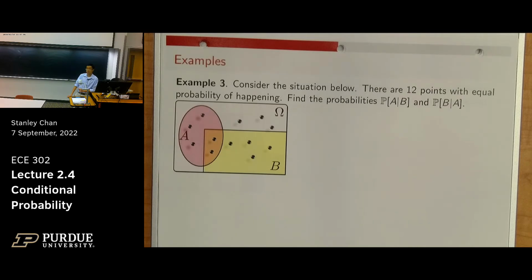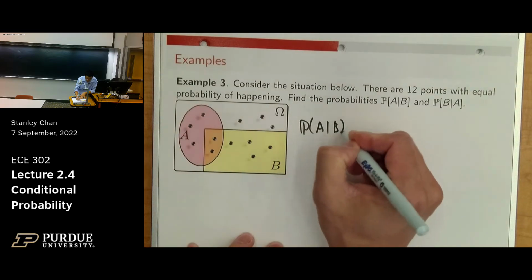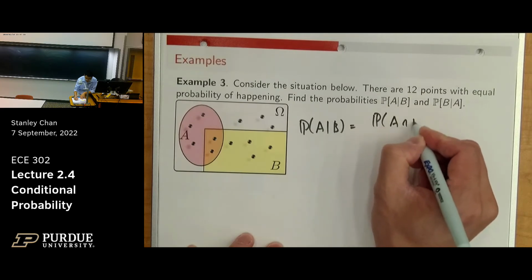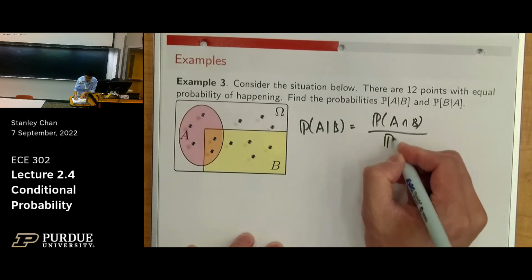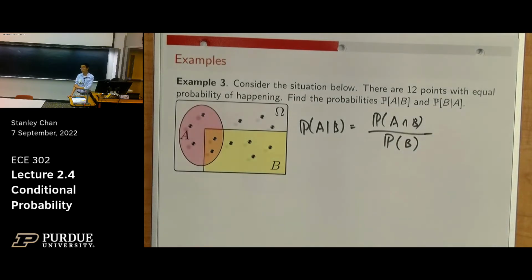So let's do it. The probability of A given B is the probability of A intersect B, and the probability of B will be the denominator. So I need some help from you guys. What is A intersect B?